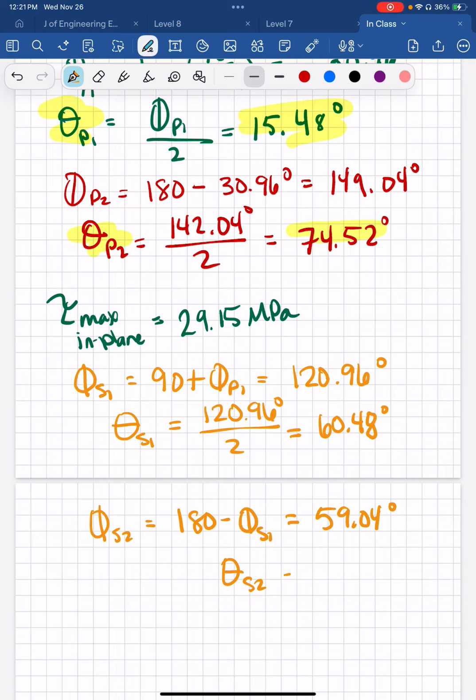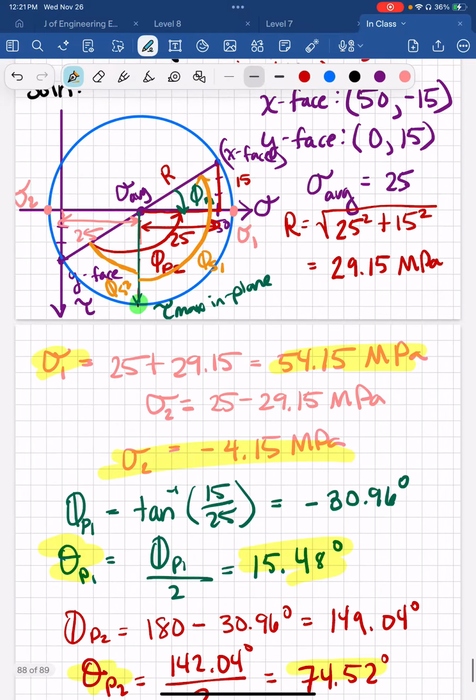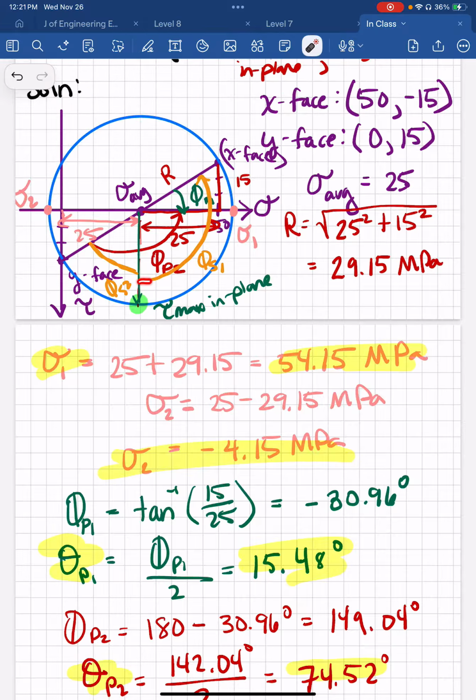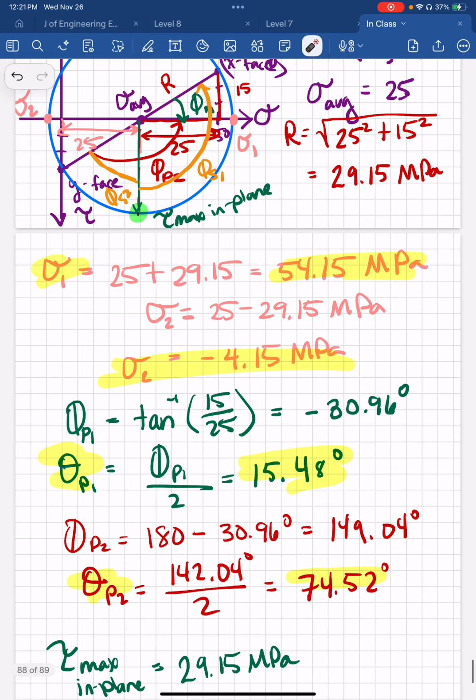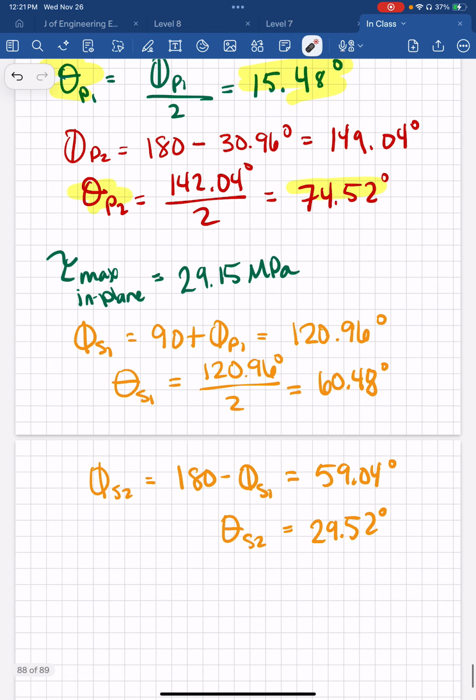And theta S2 is going to equal that divided by 2: 29.52 degrees. I basically just drew it out on the Mohr circle and then figured out what would make sense. So this one was just a 90-degree angle plus that phi P1, and then for phi S2 I just took the whole 180 degrees minus that phi S1. So you can just figure it out by looking at it. And so I think that was everything that we needed to find.